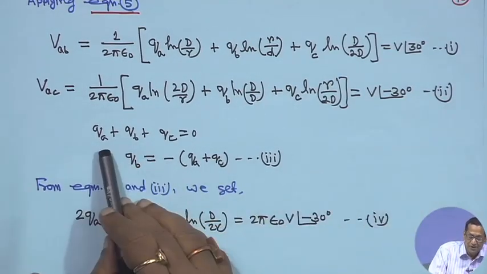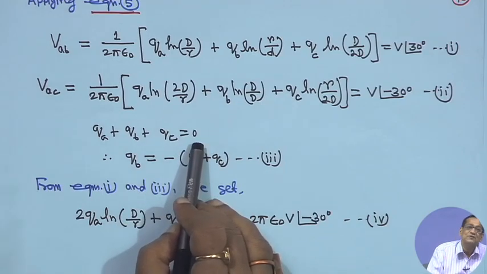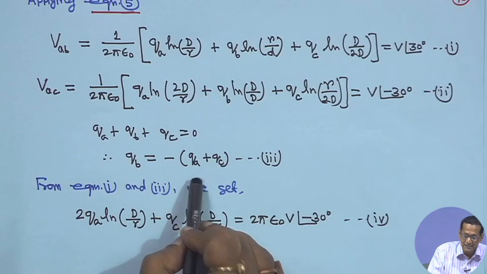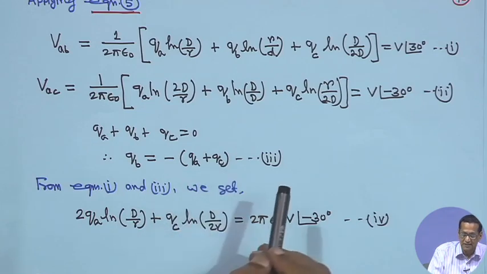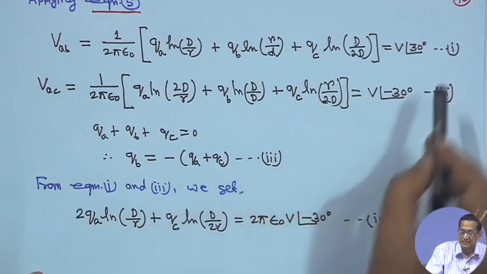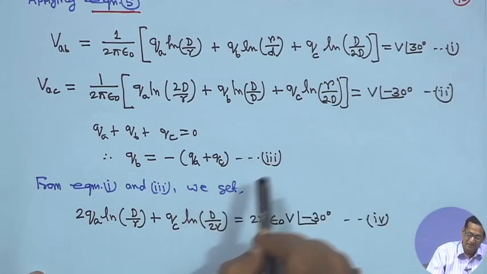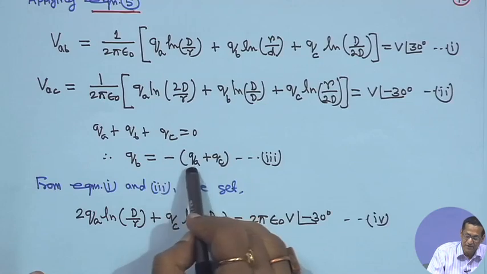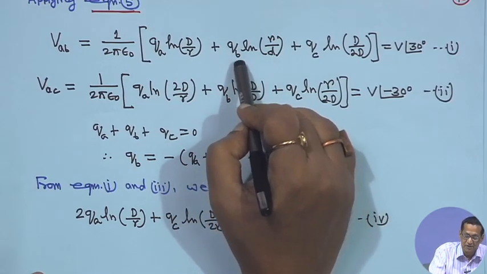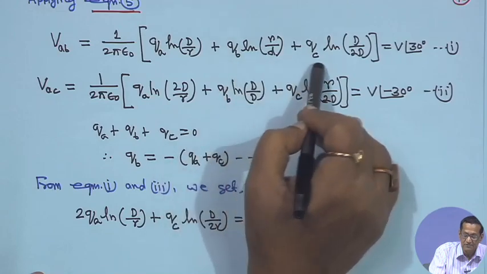Now, QA plus QB plus QC is equal to 0, because it is a balanced system. Therefore, QB is equal to minus bracket QA plus QC, right. This is equation 3. So, from equation 1 and equation 3, you substitute QB is equal to minus (QA plus QC) and simplify.